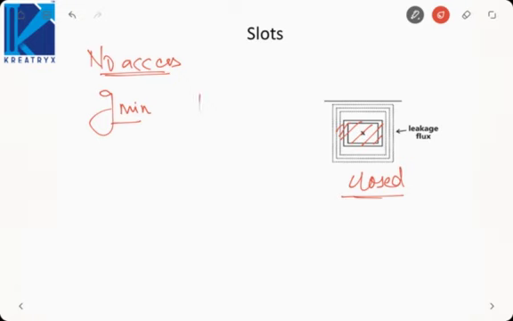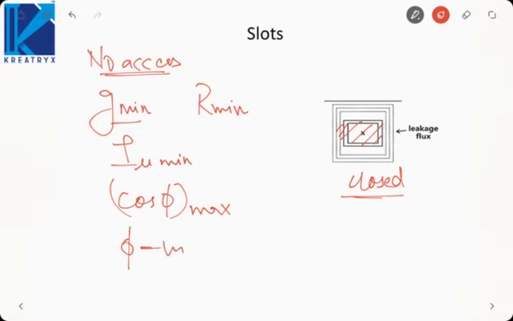Now here air gap is minimum. Since air gap is minimum, its reluctance will also be minimum. If its reluctance is minimum, its magnetizing current will also be minimum, or its power factor will be maximum. So power factor of a closed type of slot is maximum as compared to the open and the semi-open type of slot. Here flux is also uniform.